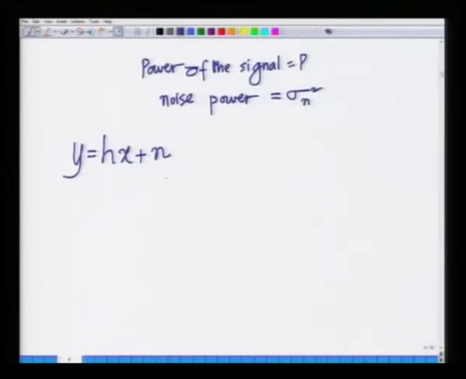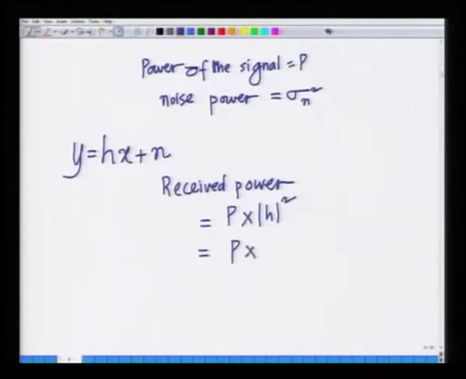So, the received power in a wireless communication system is simply the transmitted power P times magnitude of h square, where h is the fading coefficient. The received power is transmit power times the gain of the channel. The gain of the channel is magnitude h square, which is simply a square.